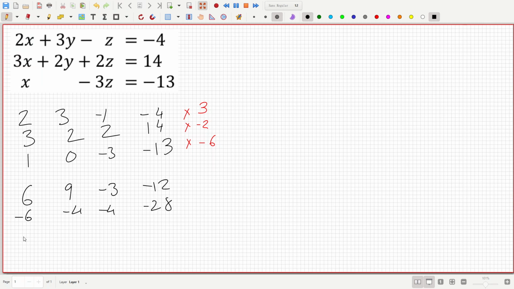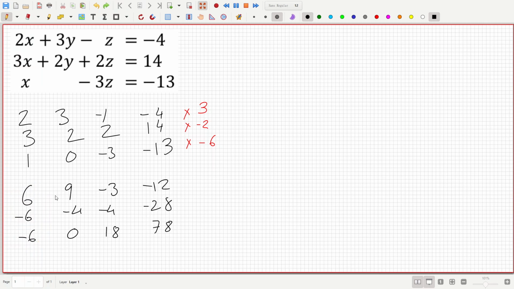And the last one would be -6, 0, 18, and then 13 times -6, a negative by a negative, is a positive 78. So that's the first step: you try to get the first column looking like this. Number, number, number, but the first one's positive and the second and third ones are negative.